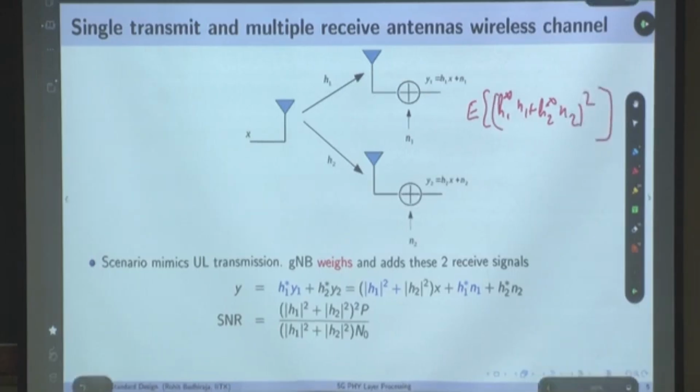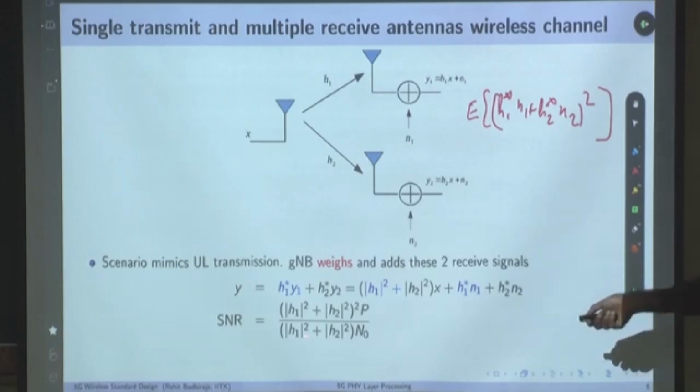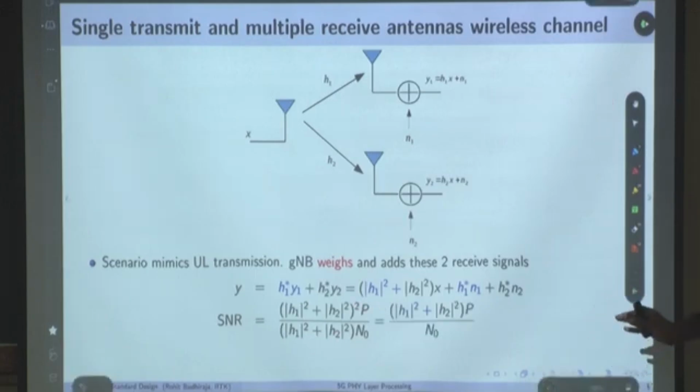Now, you open this, the cross terms are going to 0 because the noise is independent with 0 mean, that is how we assume. So what are you left with? These individual terms, which come in the denominator. The n1 n2 term is going to 0 because both are independent with 0 mean. Now one of the powers gets cancelled and this is the SNR.